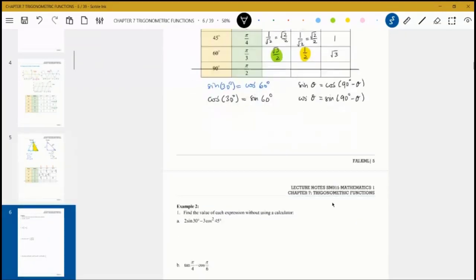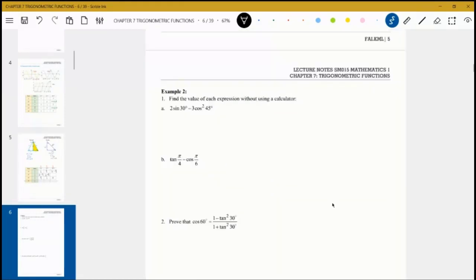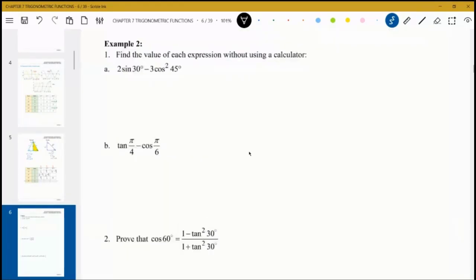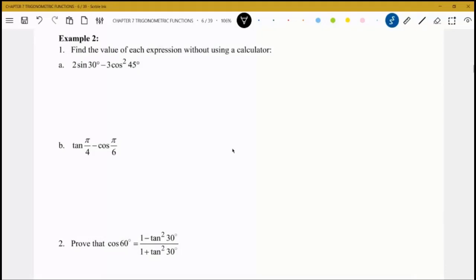Okay, so first thing first, part A, which is 2 sin 30 minus 3 cos square 45. So we know sin 30 is half, and then cos 45 is square root 2 over 2. So we substitute into this part.